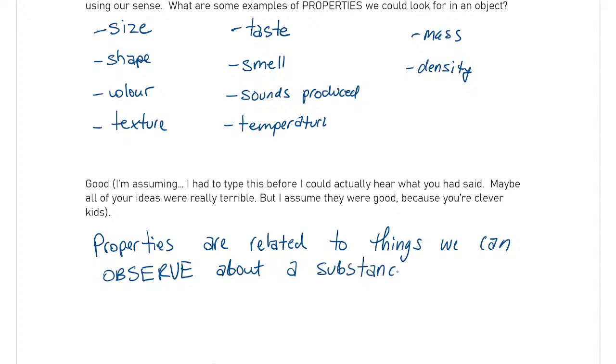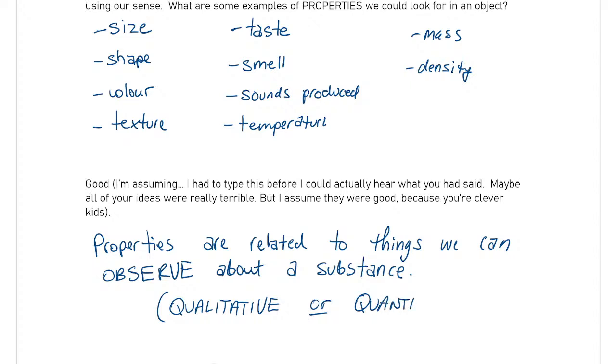So if I told you to observe something, you would be telling me about its properties. And so you could tell me what its size is, what its shape is, what its color is, what its texture is. If you remember, these can be qualitative, or they can be quantitative.